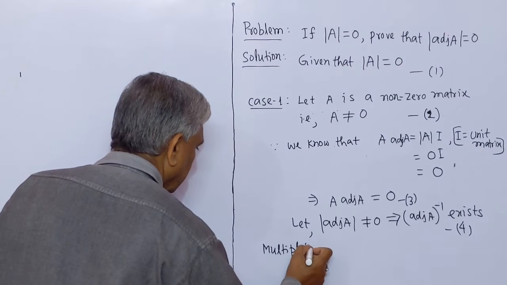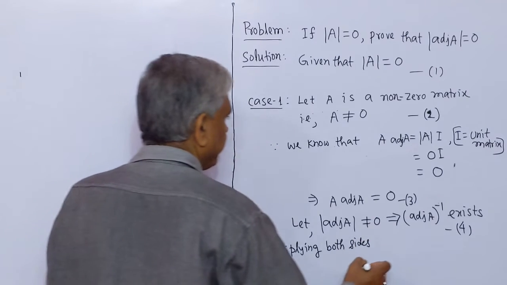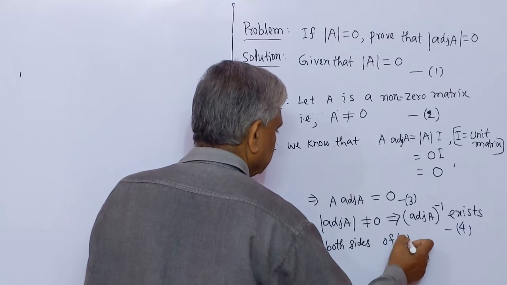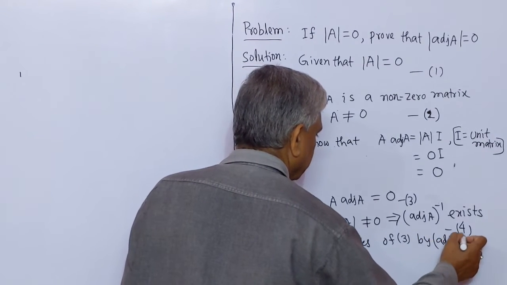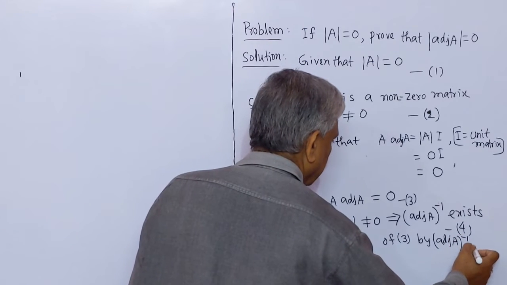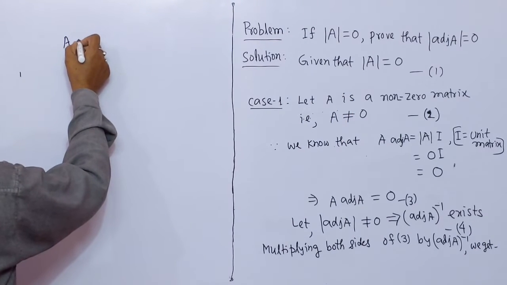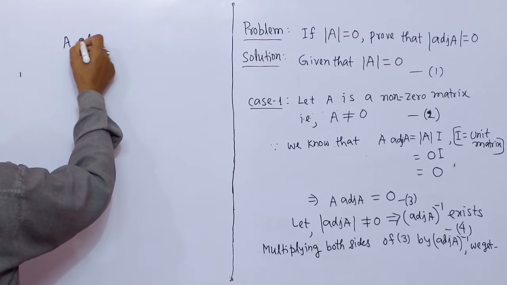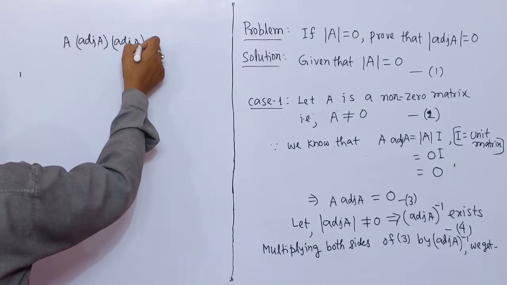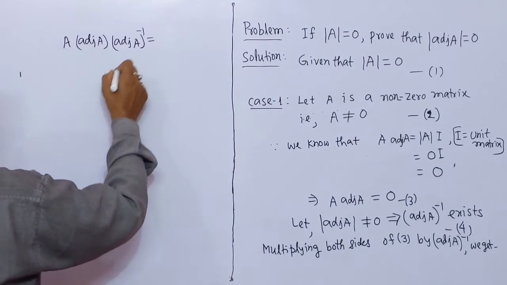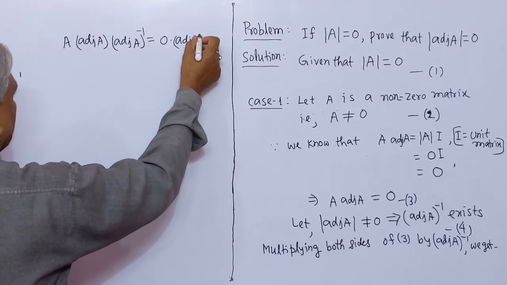Multiplying both sides of 3 by adjoint A inverse, we get A adjoint A multiplied by adjoint A inverse equal to 0 multiplied by adjoint A inverse.